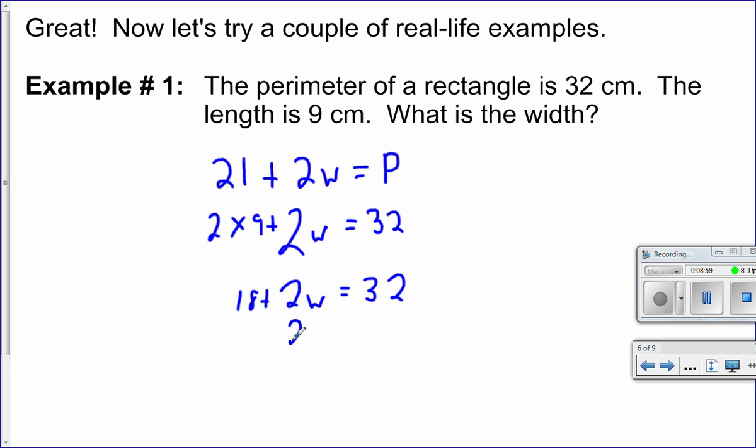I'm going to say 2w equals 32 minus 18. 2w equals 14.